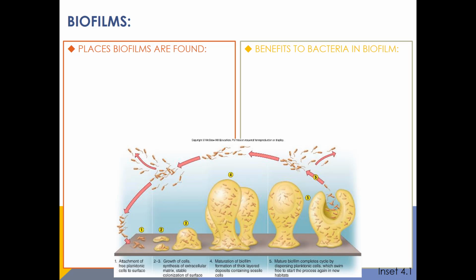And if you have a dog's water dish and you've ever tried to clean that and it's just slippery beyond slippery and it never seems to come clean, that's because there's a biofilm formed in there. So biofilms are found just about everywhere, and they have lots of benefits and some things that are not so good.